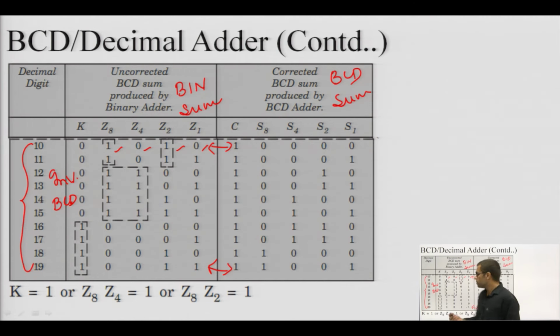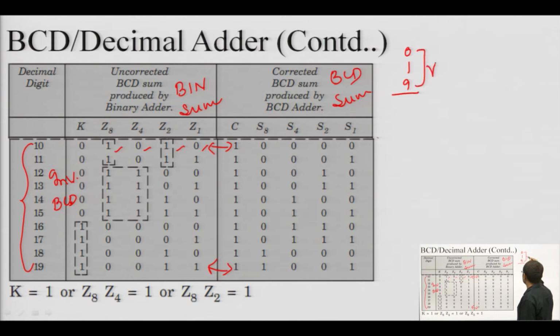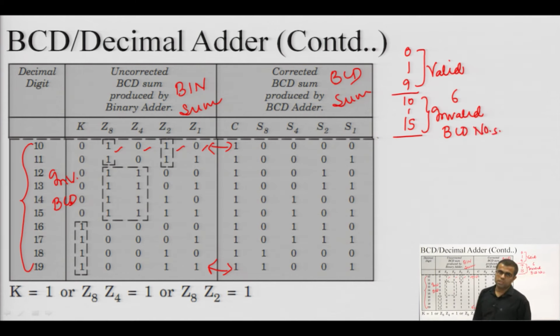Why are we adding 6? Because 0 to 9 are valid ones, and 10 to 15 are invalid ones, and these are 6 in number. 6 invalid BCD numbers are there, so these 6 invalid BCD numbers have to be jumped.